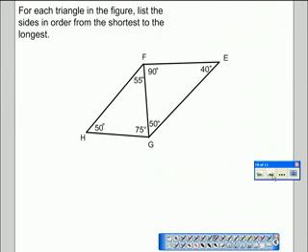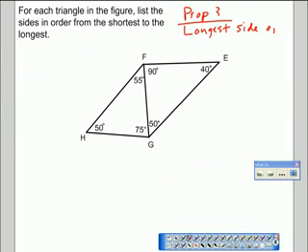Property 3 says this: longest side, opposite, largest angle in any triangle. The longest side is opposite the largest angle, which means the converse is true.